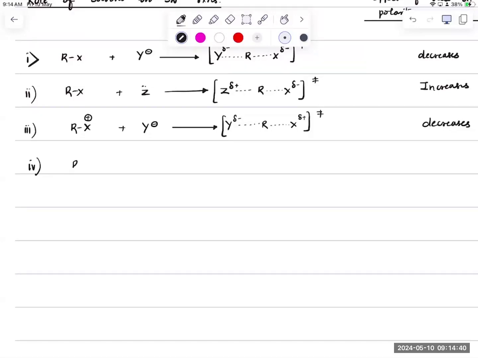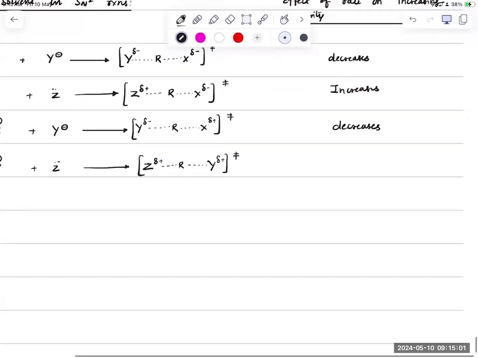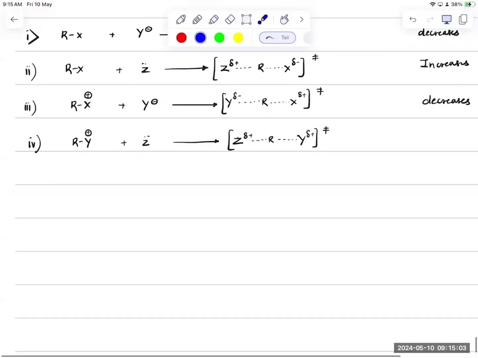Fourth one: if you have R, Y plus, and then I add a neutral nucleophile, then I get Z delta positive connected to R, which is connected to Y delta positive. In that case, Y is leaving from here and Z is attacking from here. This is not influenced by the polarity.